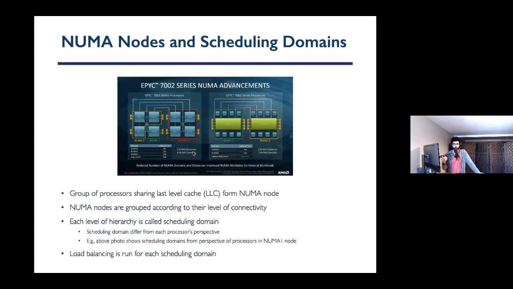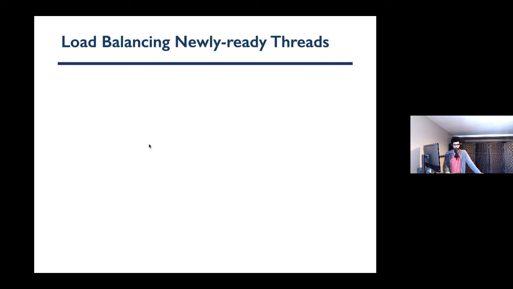Then you have a choice of 2 from 128, which is a lot of different choices. Whereas if you just look at the NUMA nodes, it's much less. If you group the CPUs into domains, that reduces it very dramatically.